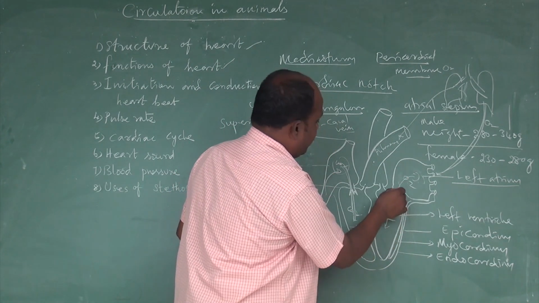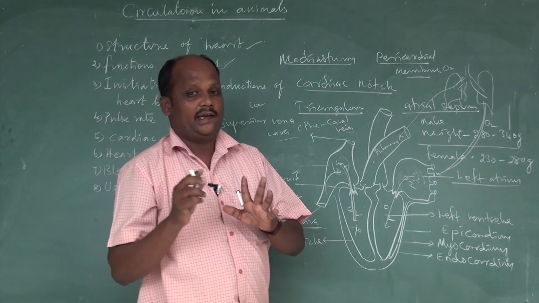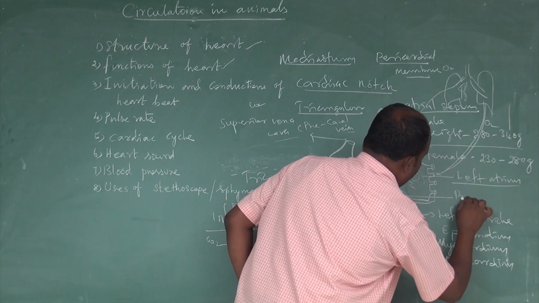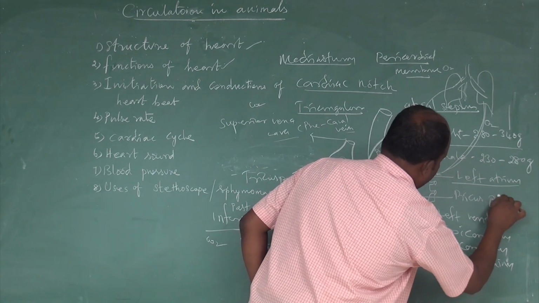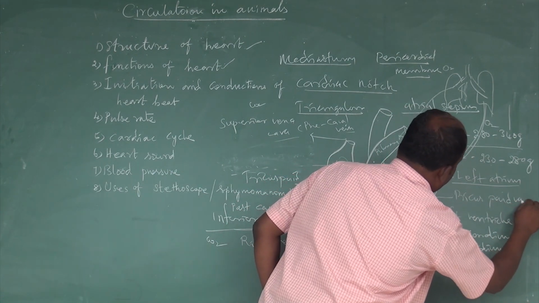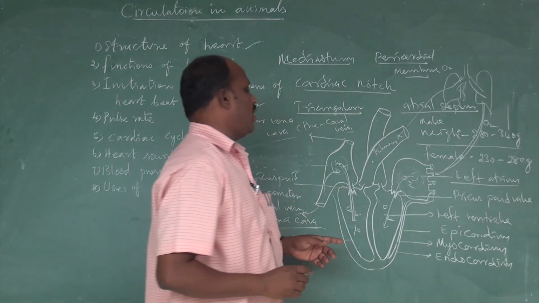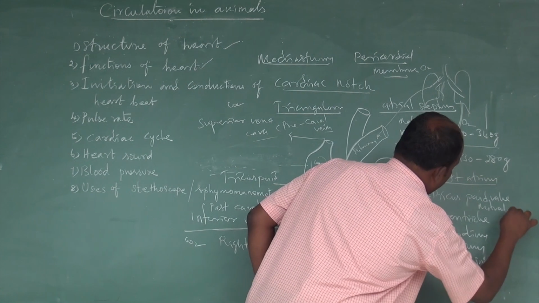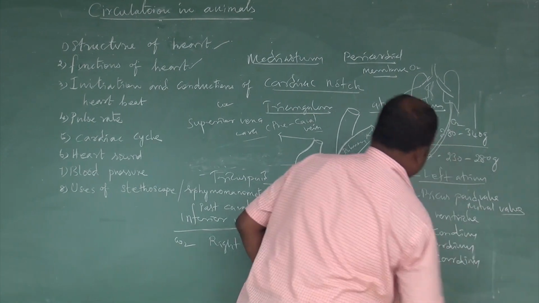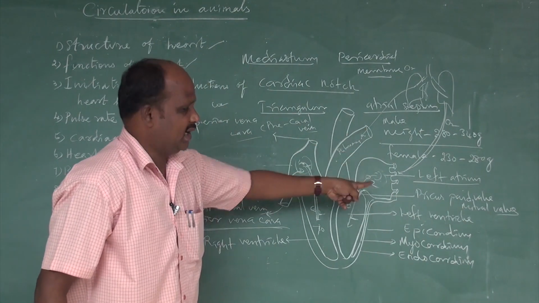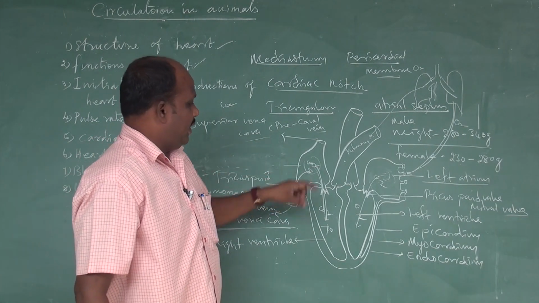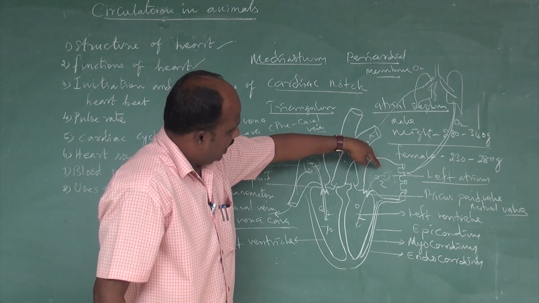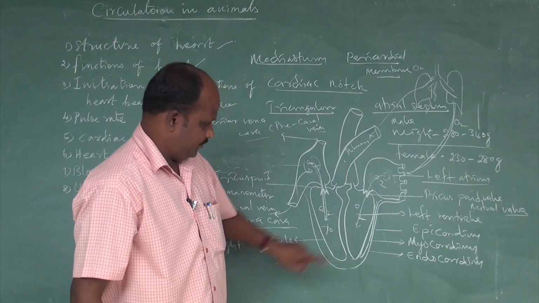Between the two chambers there is another major valve, the bicuspid valve, otherwise called the mitral valve, M-I-T-R-A. The mitral valve allows the blood from the upper chamber to the lower chamber, from the left atrium to the left ventricle.